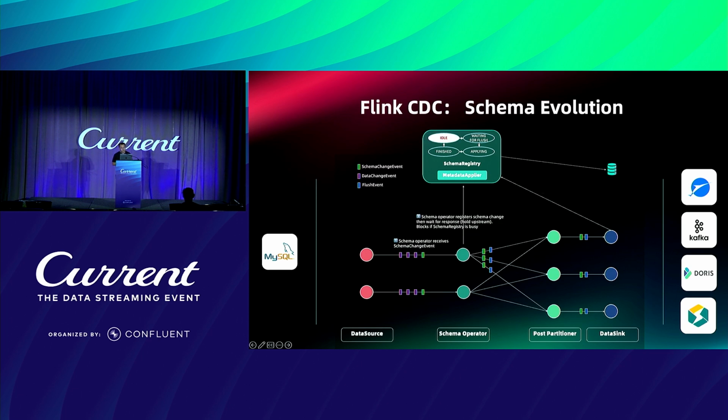And the schema registry has a state machine to make the schema evolution process work well. Firstly, when a schema operator receives the schema change event from a source operator, the schema operator will register the schema change and then write the response.